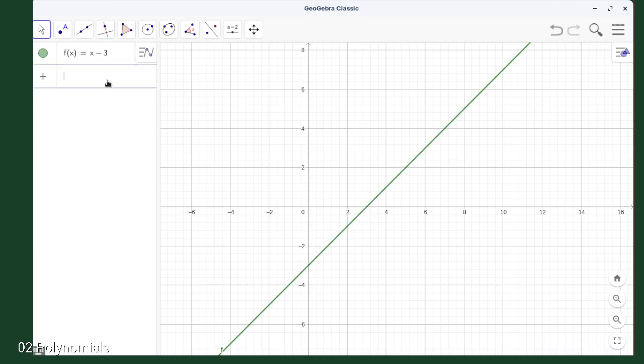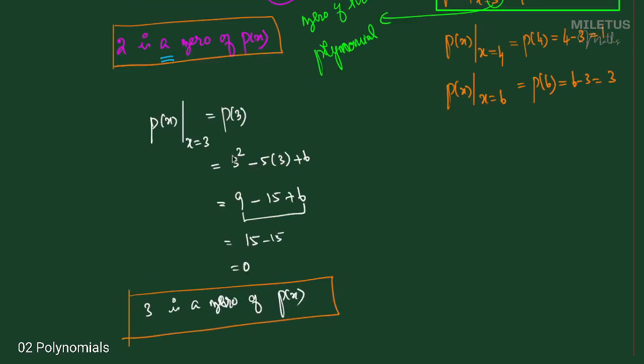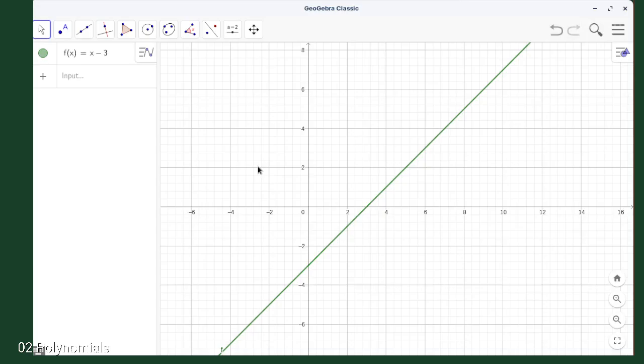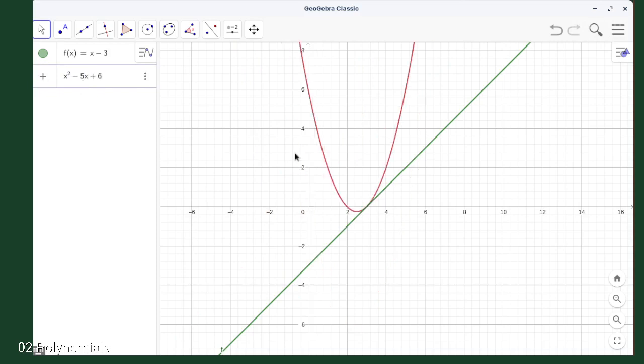Now remember, we also had another example. That was x square minus 5x plus 6. Let me plot that as well. Immediately you would have noticed that it forms something called a parabola.